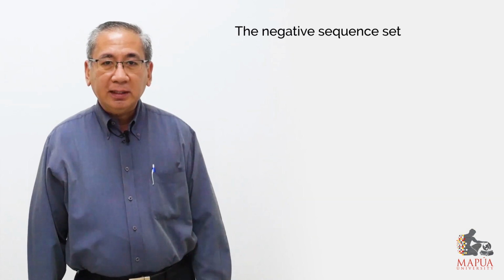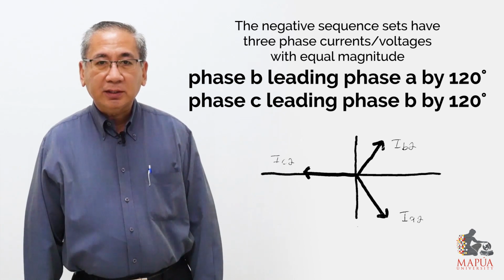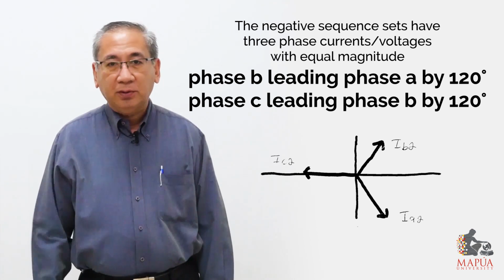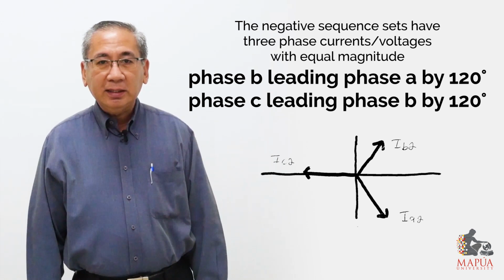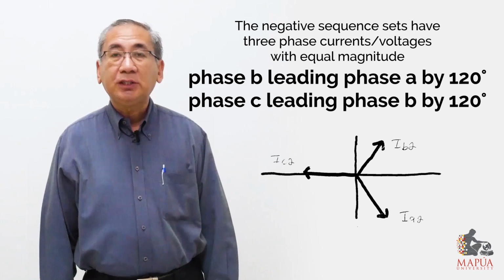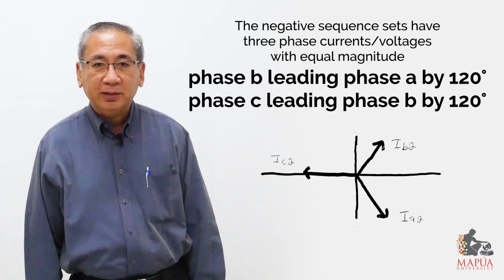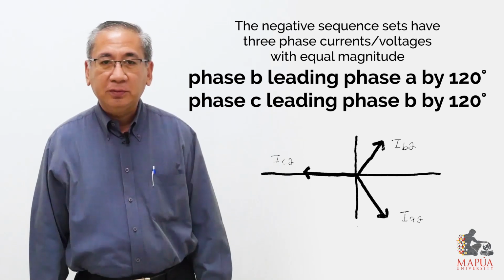And for the negative sequence, as shown in the diagram, the sequence networks have three-phase currents or voltages with equal magnitude, with phase B leading phase A by 120 degrees and phase C leading phase B by 120 degrees. So you have the vector diagrams as shown.